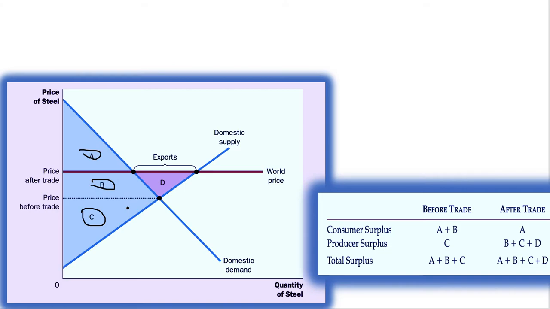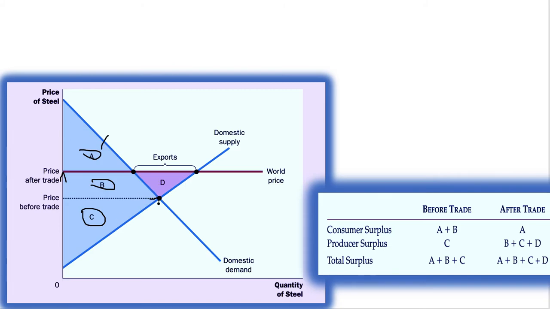When we open our economy and the world price is this one, then our price will shoot towards here. Because of that, the consumer will be worse off, because now the consumer surplus remains only A, but the producer will be better off, because now they can sell their steel in the world where the price is so high.